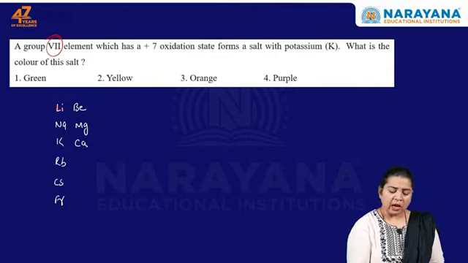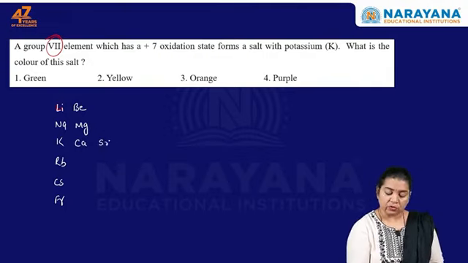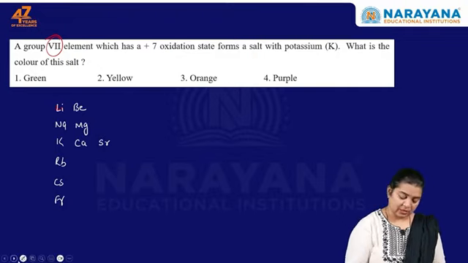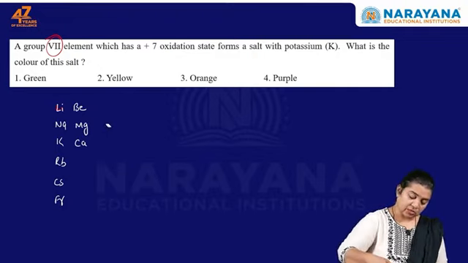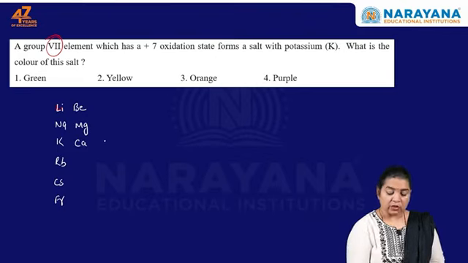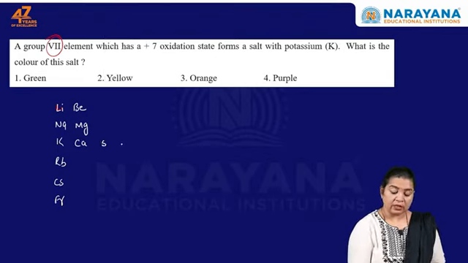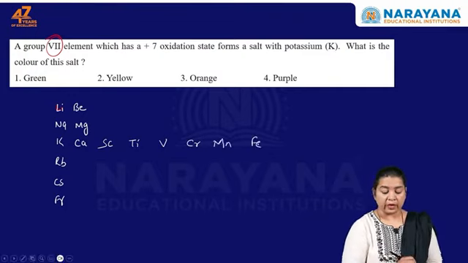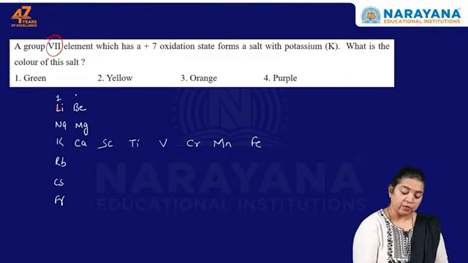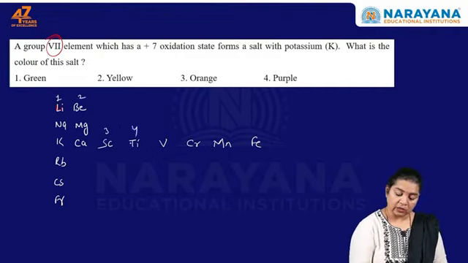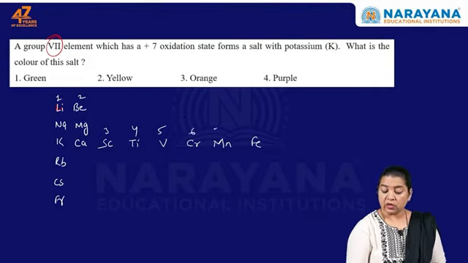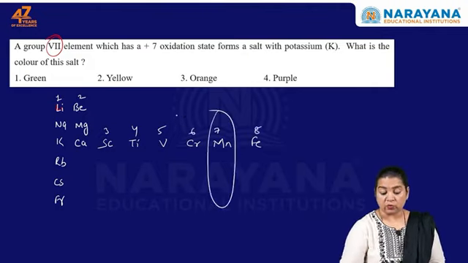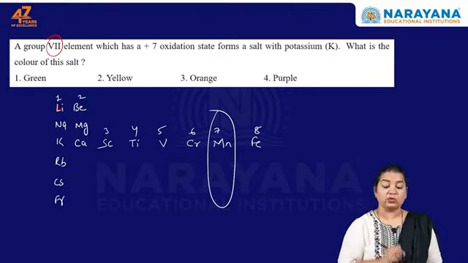Now let us write the third group, strontium. Oh, sorry, certainly not strontium, which is our first scandium, titanium, vanadium, chromium, manganese, iron. Let us check the group number: first, second, third, fourth, fifth, sixth, 7, 8. So, we are being asked about this manganese group, okay?